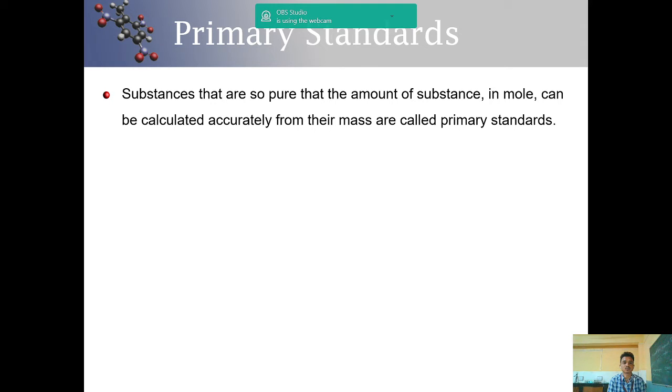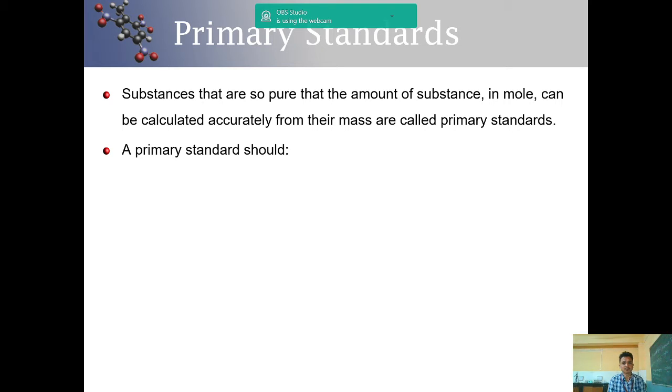The second thing is that primary substances exist in a pure form. These are the two basic requirements, and on that basis I have made the definition of primary standard substances. So this is the definition of primary standard substances.